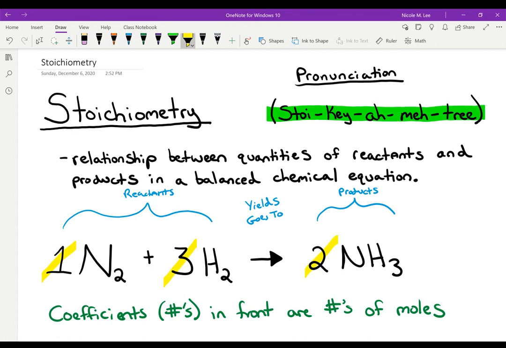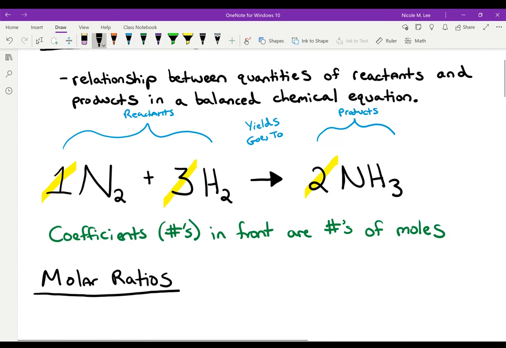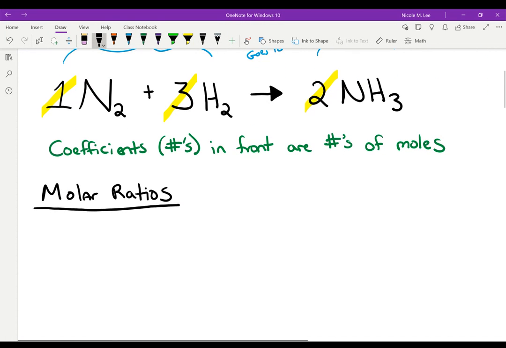So what are these numbers that we were putting out in front of each compound or element? Well, they were more than just coefficients. It's actually representing the number of moles involved in the reaction. And so that leads us to molar ratios. So each one of those numbers, it's telling us something significant. What are molar ratios?